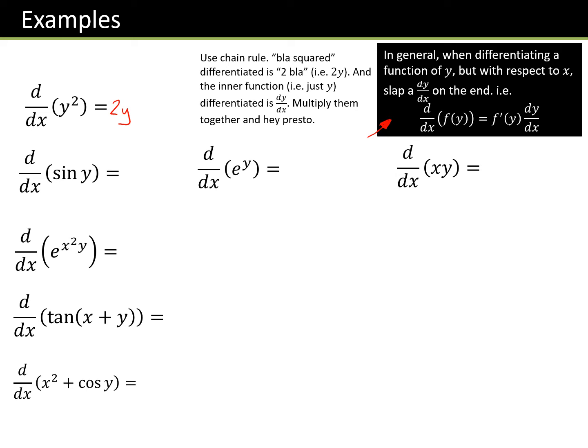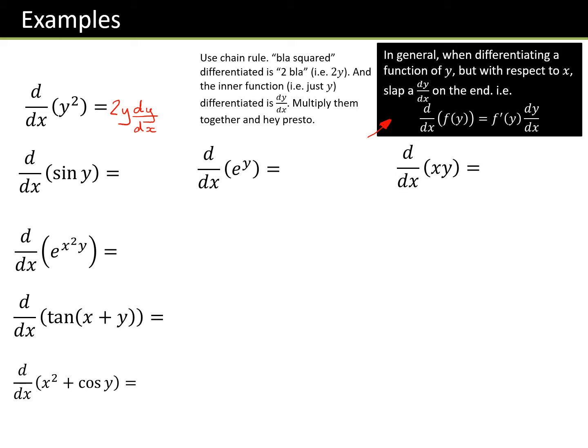Because we're not differentiating with respect to y though, we're differentiating with respect to x, we need to multiply by dy by dx. So there's literally just one extra step. You differentiate the y squared, then you multiply by dy by dx. It's kind of like a correction. Because you're not using the correct letter, you need to multiply by that letter over the one that you're actually after.